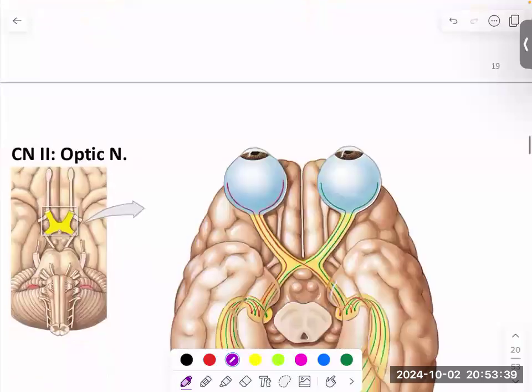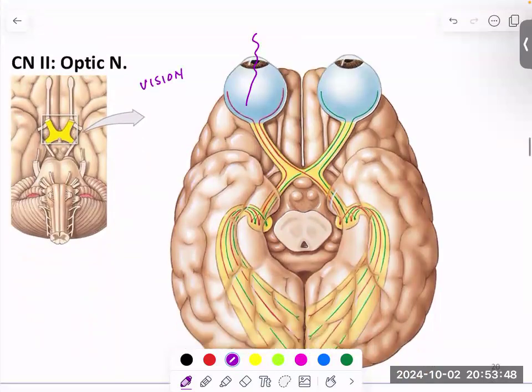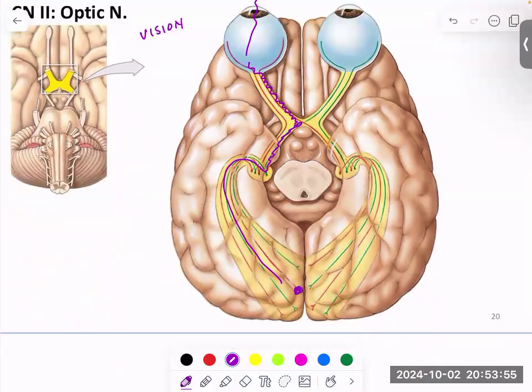Cranial nerve number 2, optic. Light goes in, vision. The information's going to travel to your occipital lobe so it can be processed.